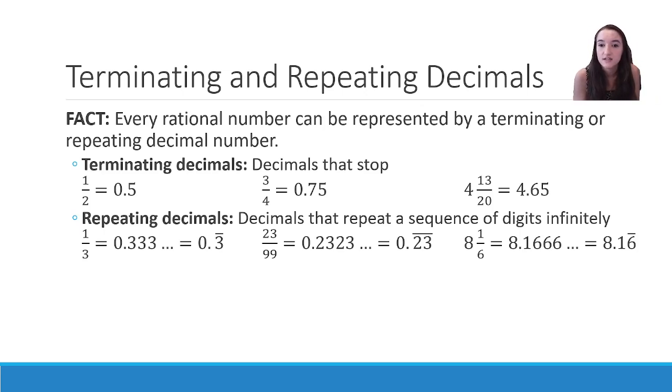8 1/6 is 8.166 and on. But only the 6 is getting repeated here, so I only put the line over the 6. I write 8.16 with a line over the 6. Writing it this way allows it to look like a terminating decimal, because we stopped writing it at some point, but we have made a point of saying all of what it is.